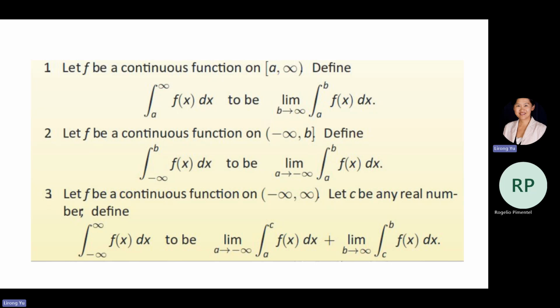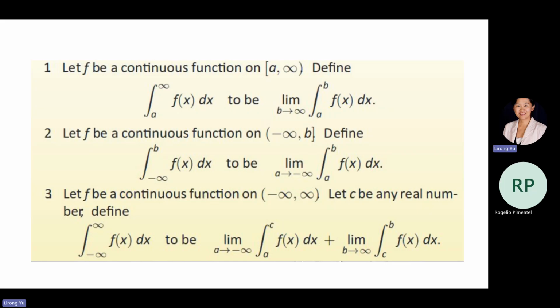So the integration from negative infinity to positive infinity can equal the integration from negative infinity to 0, plus the integration from 0 to infinity. We can separate them into two integrals and treat each the same way as the first two cases. So that's how we do it.